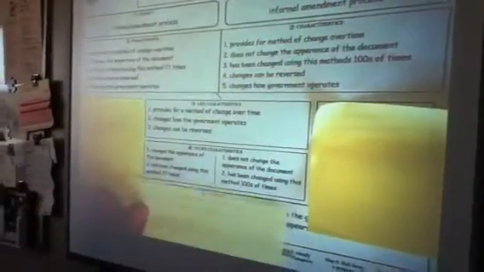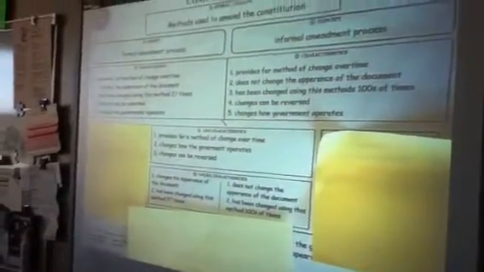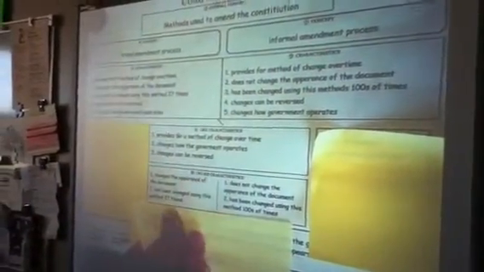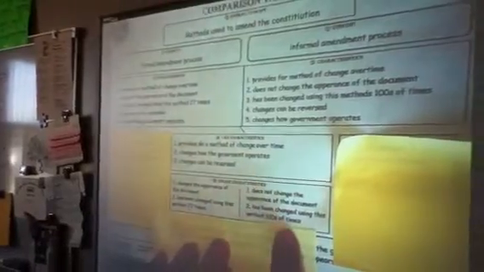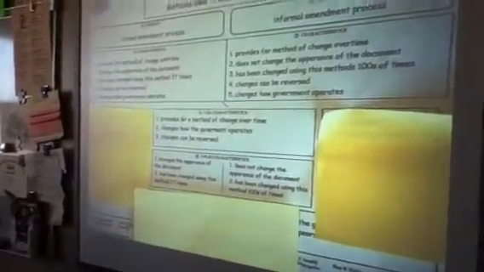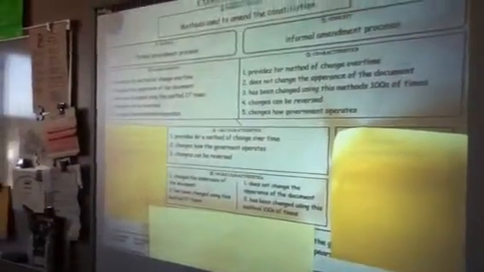Okay, yeah, let's look at the unlike. Changes the appearance of the document, does not change the appearance of the document. 27 times, hundreds of times. So that informal is the day-to-day. What do we need to daily keep this document going? The formal, this is where we're going to propose the amendment, this is the big pomp and circumstance way.